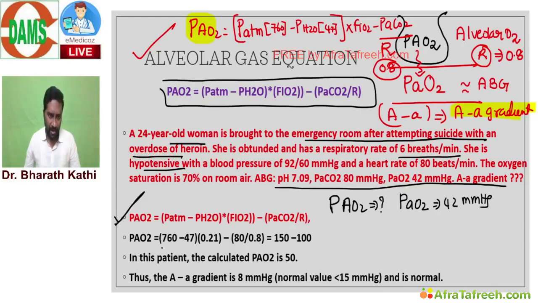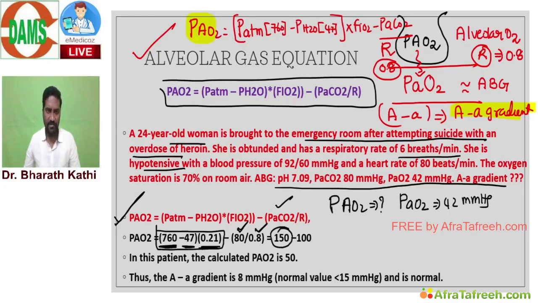We know that normal atmospheric pressure is 760. Normal water vapor pressure is 47. FiO2 will be 0.21, minus PaCO2 is 80, R value is 0.8. So if you calculate 760 minus 47 into 0.21, it will be about 150, whereas 80 by 0.8 will be about 100.